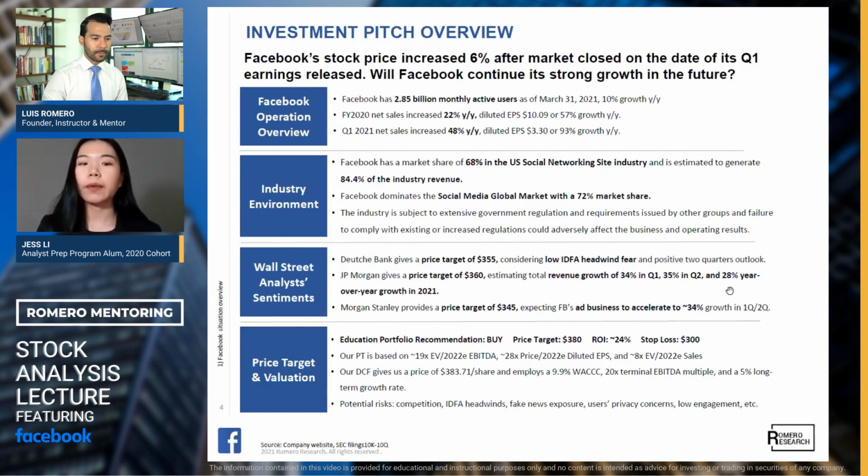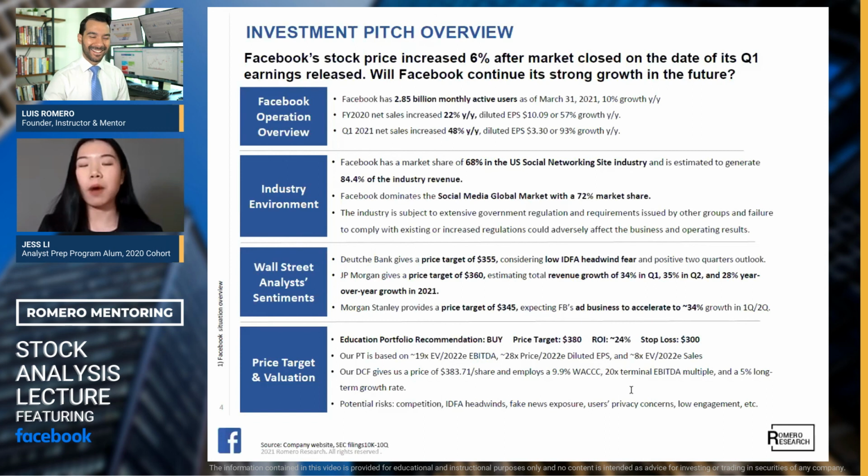To give the public more explanation of my DCF analysis, I employed a 9.9% WACC, which is the average number that the company is expected to pay its security holders, using a beta of 1.3, a 20 times multiple for EBITDA, and 5% long-term growth, which is based on the global social media market growth with a compounded annual growth rate of 32%.